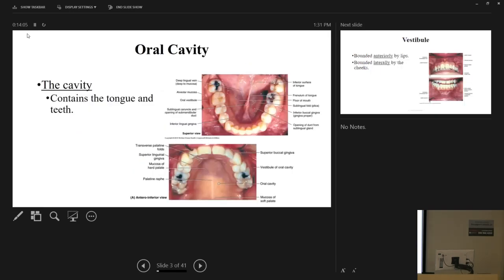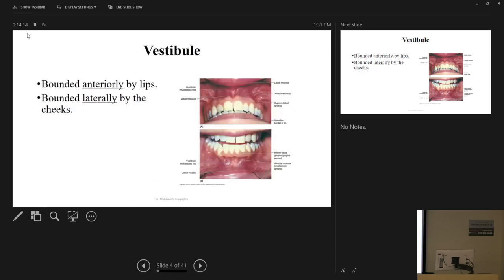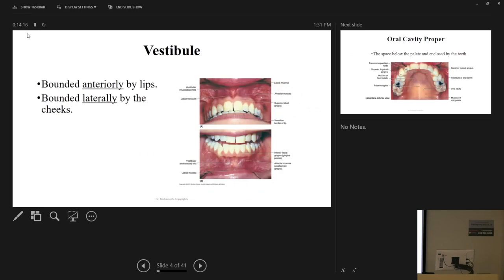So let's start. Oral cavity. The oral cavity contains the tongue and teeth, right? Vestibule. What is the vestibule? The vestibule is this area here, just before the entrance to the oral cavity.